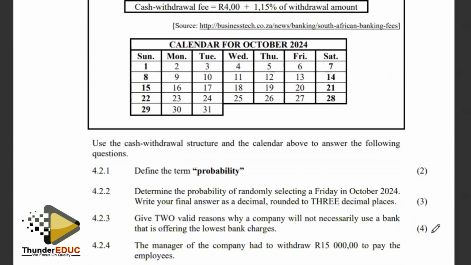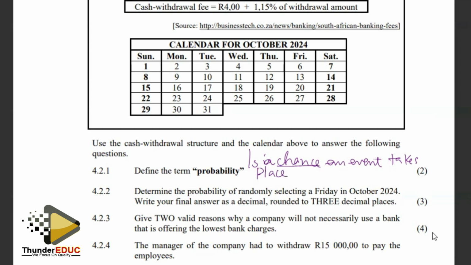Define the term probability. Probability is a chance an event does what? Takes place. It's a chance.